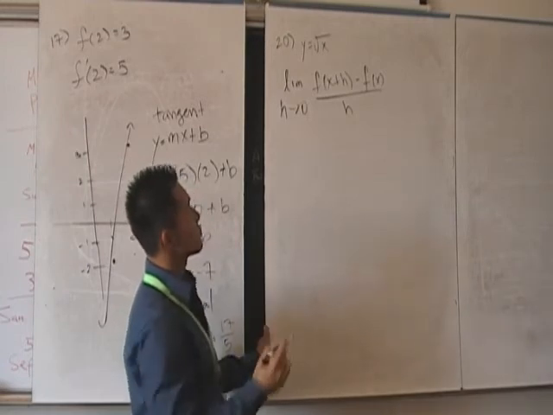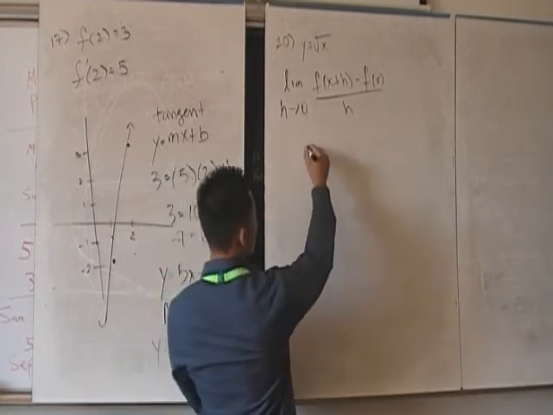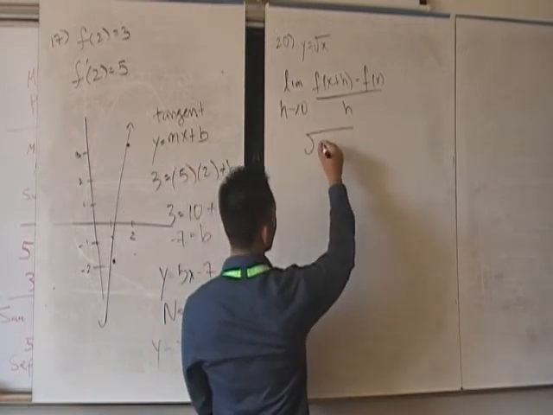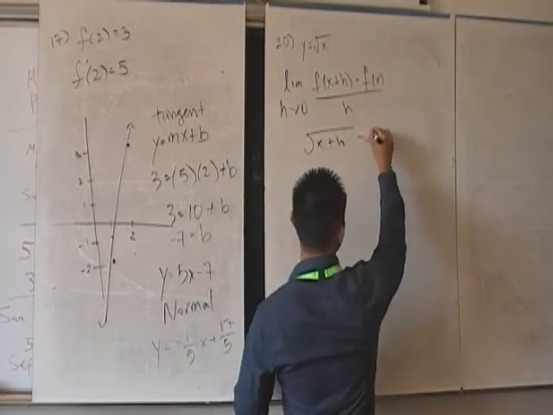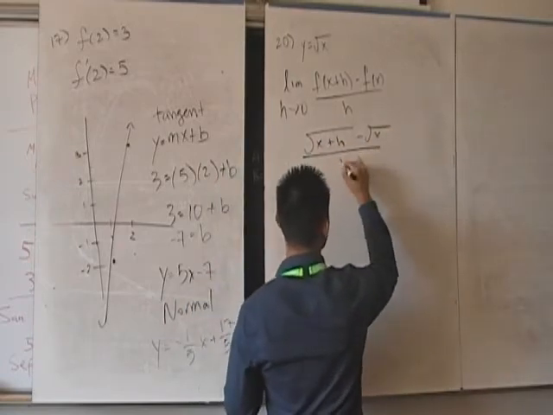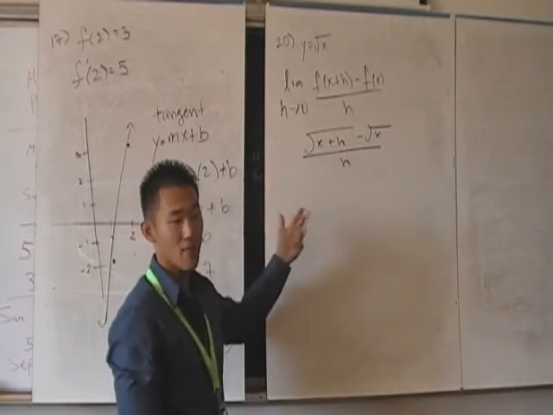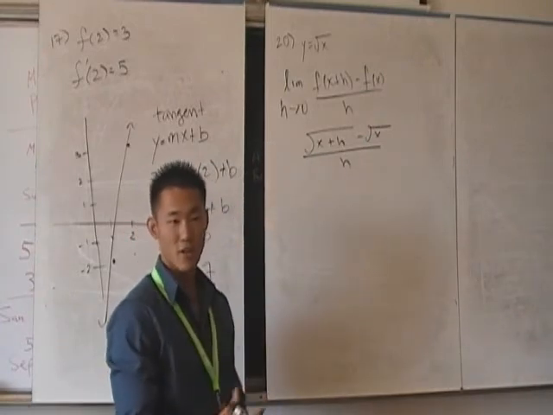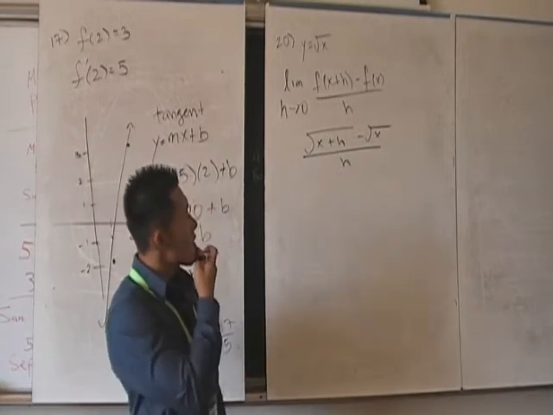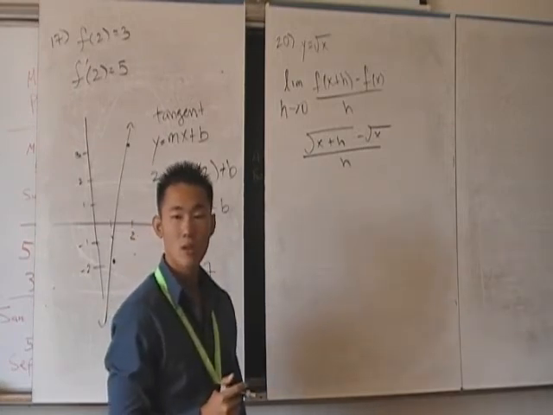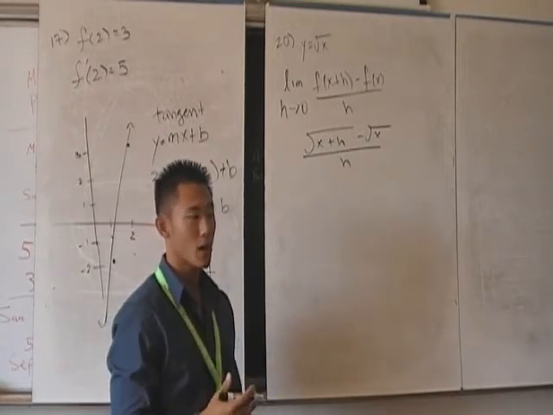Okay, so now you plug it in. So we got the square root of x plus h minus the square root of x over h. And remember, you should be writing the limit each time, because we haven't taken the limit yet. I'm just not going to write it each time. What do we do here? Yeah, you multiply by the conjugate.